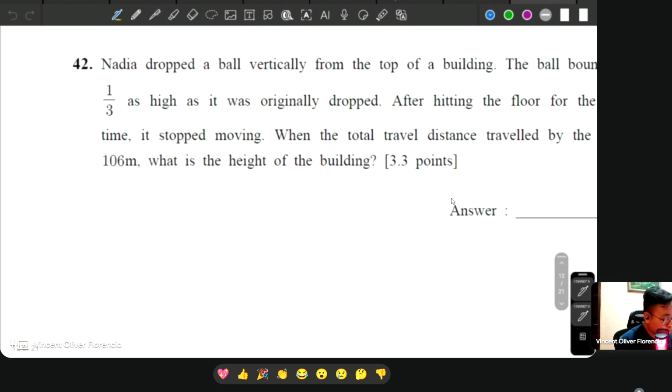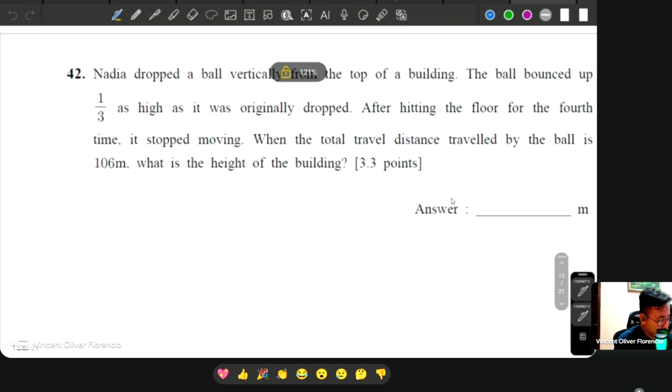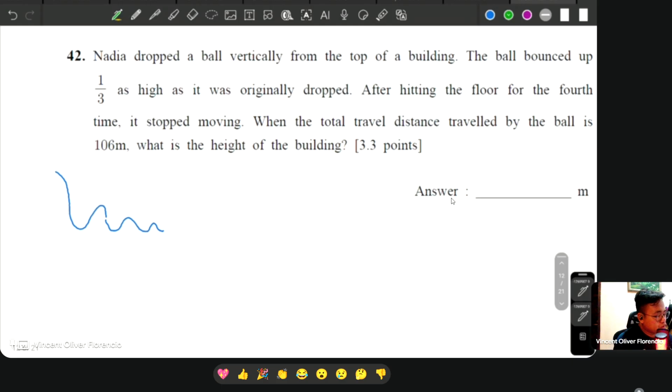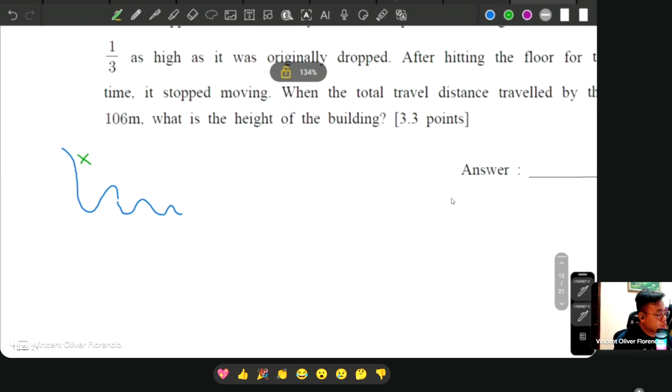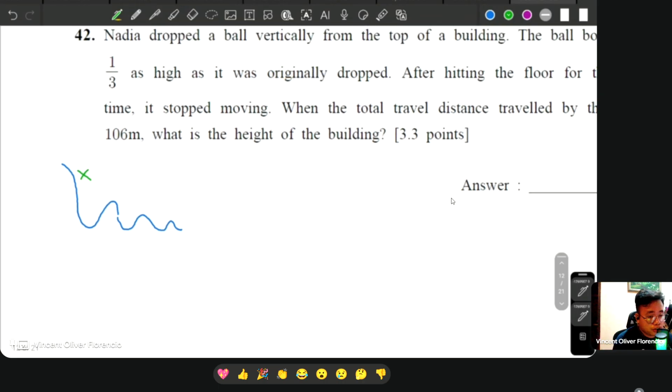Anyway, so we have here a ball. So it says that if we start here with x, the next height that will be traveled is going to be x/3.